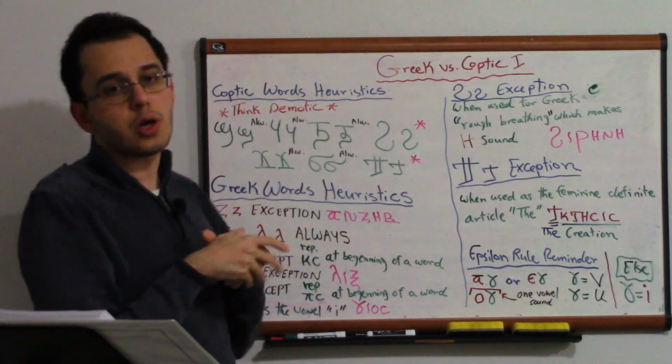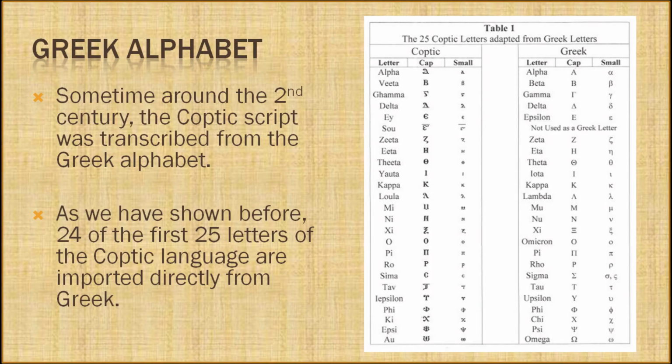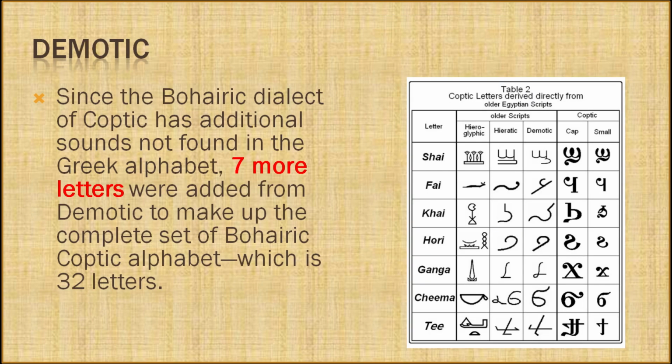So, Coptic words heuristic. If you remember way back in first quarter, we talked about how there are 32 letters in the Coptic language, and how the last 7 of those 32 letters are actually not coming from Greek, but from the old Demotic language, the ancient Egyptian language.